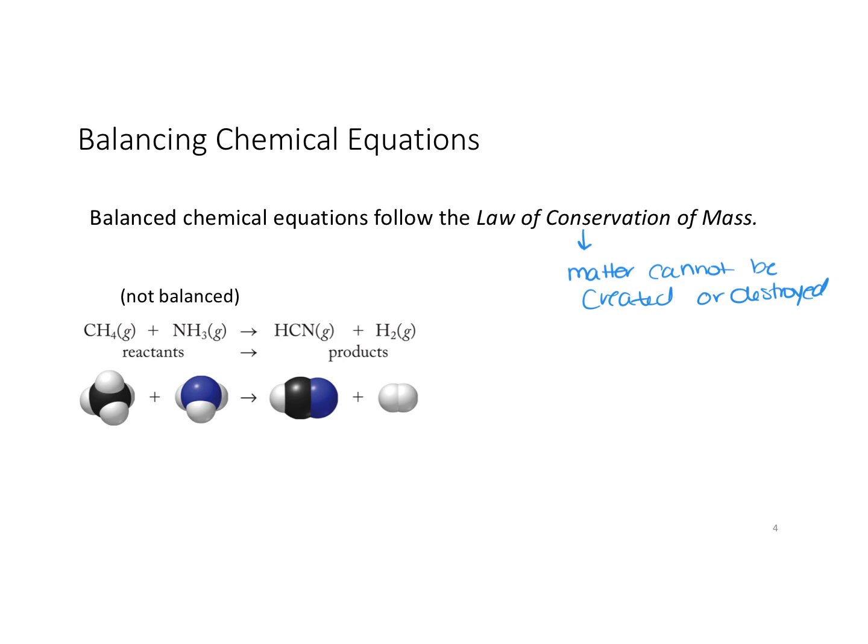And so what that means for us is we need to have the same number of atoms in the reactants that are in the products. So those need to match.